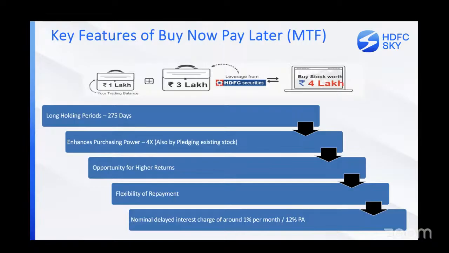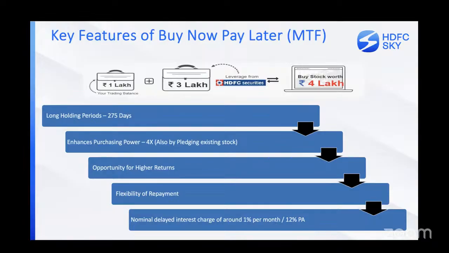Now, key features of buy now pay later, that is BNPL, MTF. Let's take an example that MRF is trading at 1 lakh rupees. You have 1 lakh rupees, so you can buy only one stock.